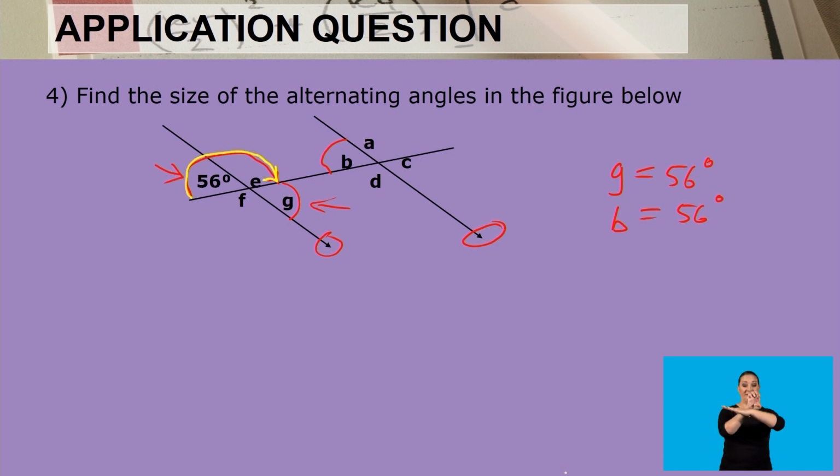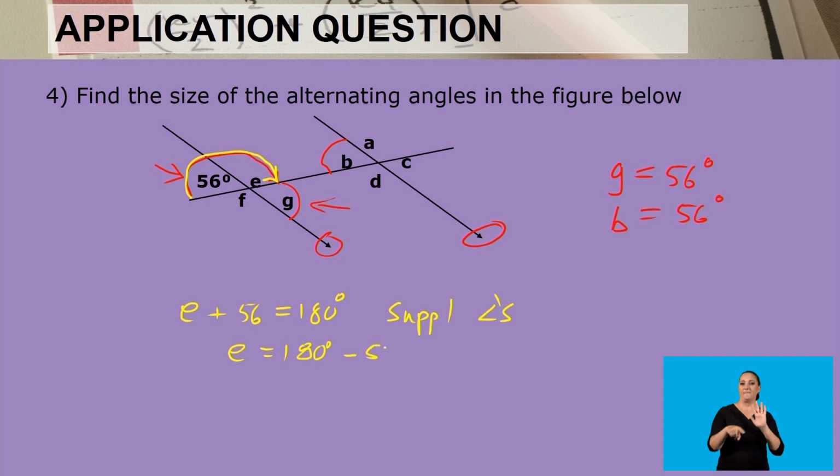Angle E and 56, it would be angle E plus 56 equals 180 degrees. And these are supplementary angles. And therefore, angle E equals 180 minus 56 degrees.